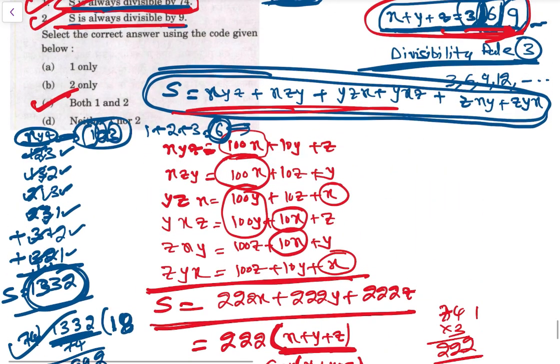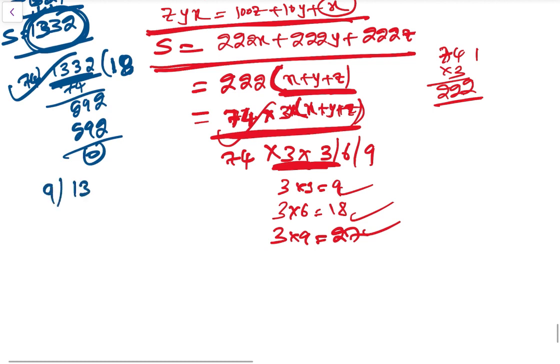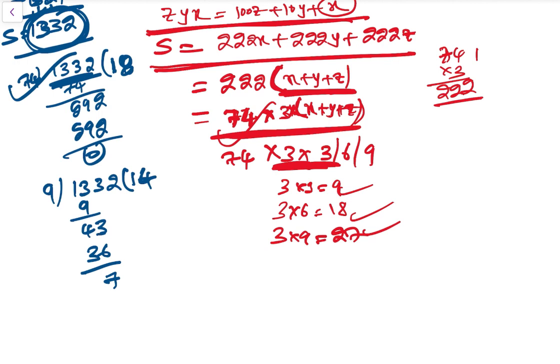Then another is s is always divisible by 9. So s is 1332 divisible by 9. देखो, so 9 ones are 9, 9 3s are 27, 9 4s are 36. So फिर इधर आ गया 72, so 9 8s are 72, 0. So ये भी 9 से भी divisible है.